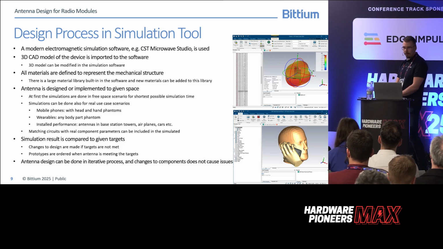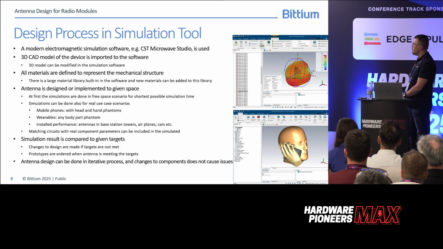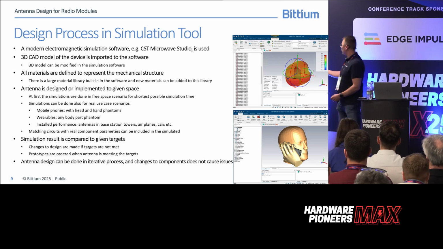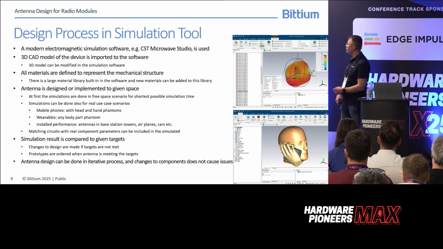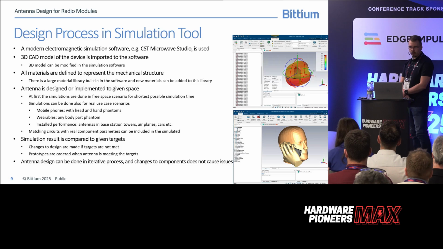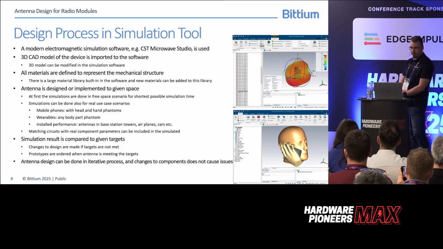This is a very fast way to evaluate the first performance and design of the antenna, but we can also have a human head and hand and many different other scenarios there, like body phantom parts, or install the antennas in base station towers, airplanes, and so on.